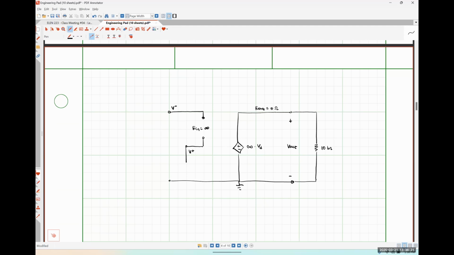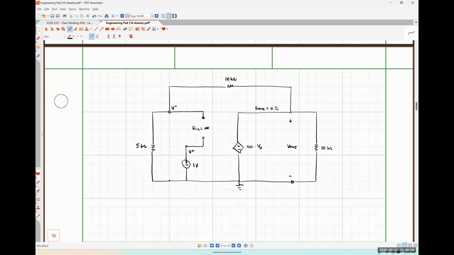Let's see, I'm applying my input voltage of 1 volt here. I've got my five kilo ohm resistor here, and my 10 kilo ohm resistor here, okay, for my feedback resistor.